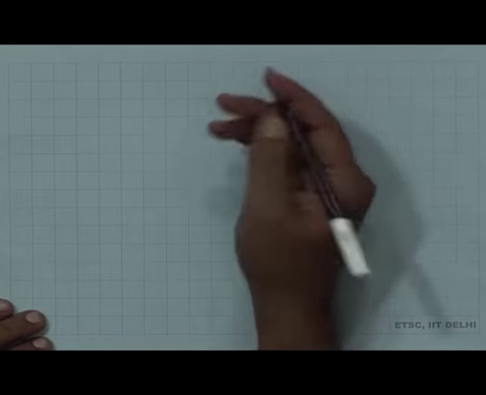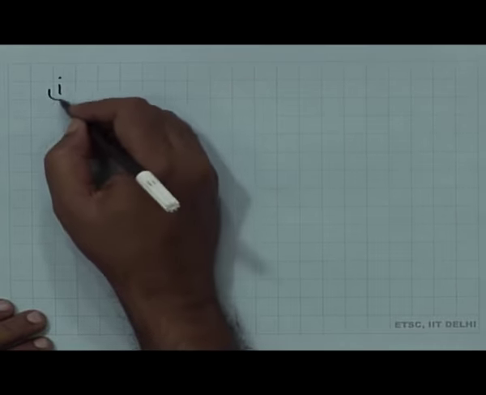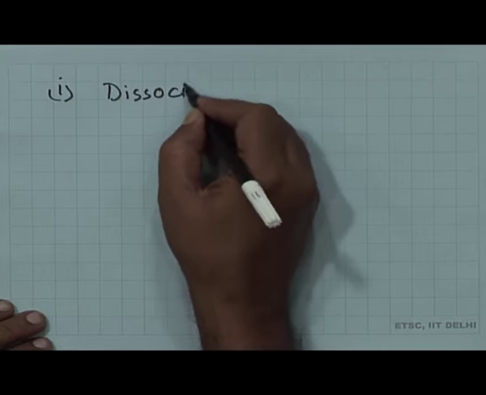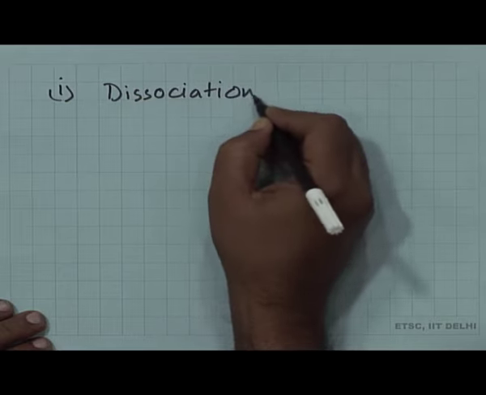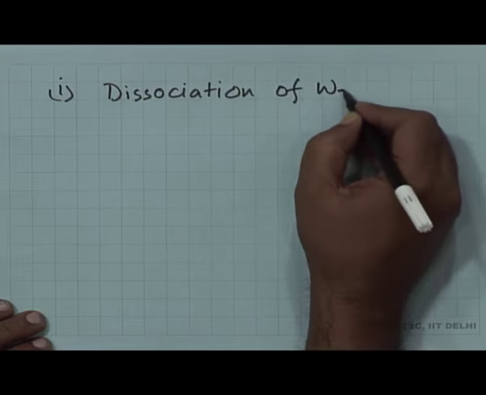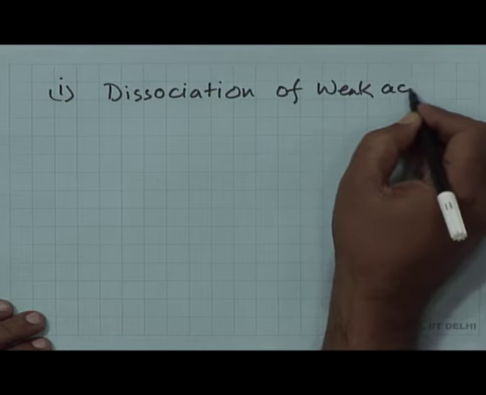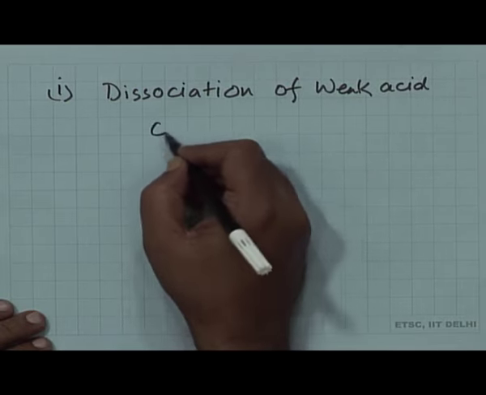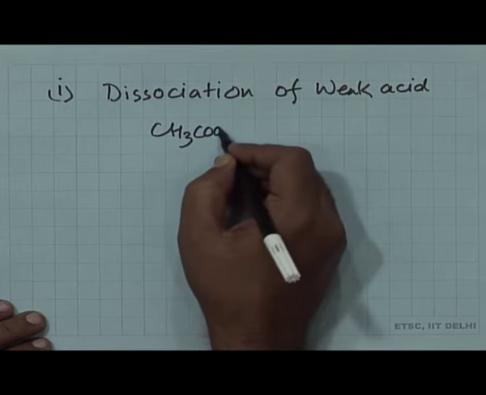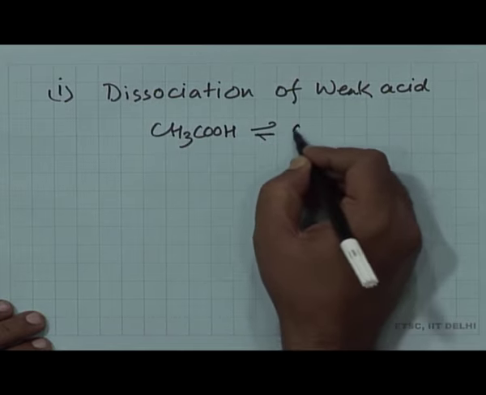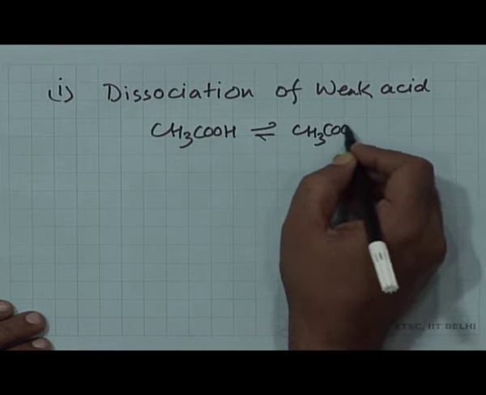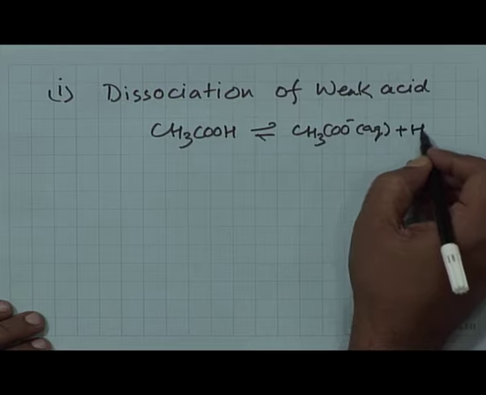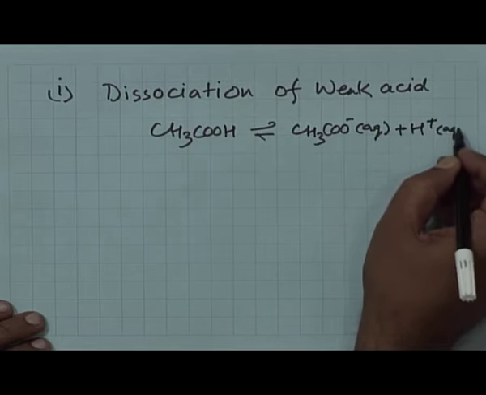Now, where can we apply it? We can apply it for dissociation of weak acids, for example acetic acid. It breaks to give you CH3COO minus aqueous plus H plus ion aqueous.